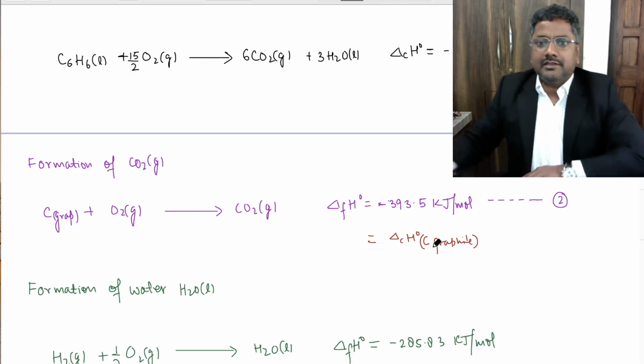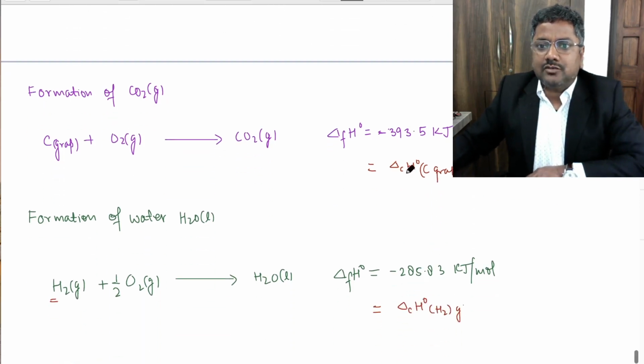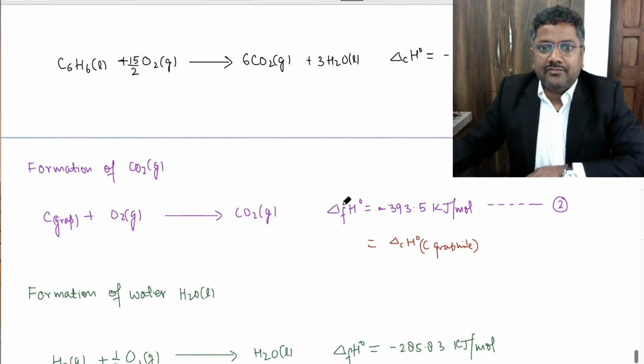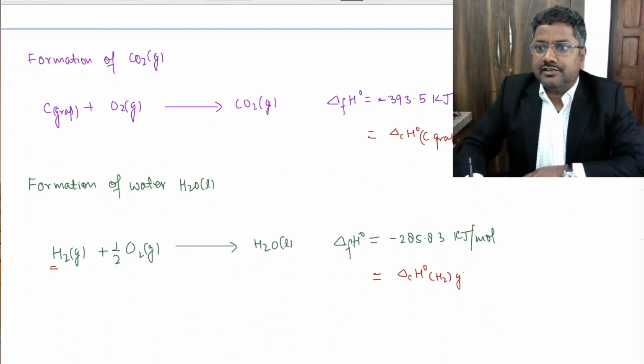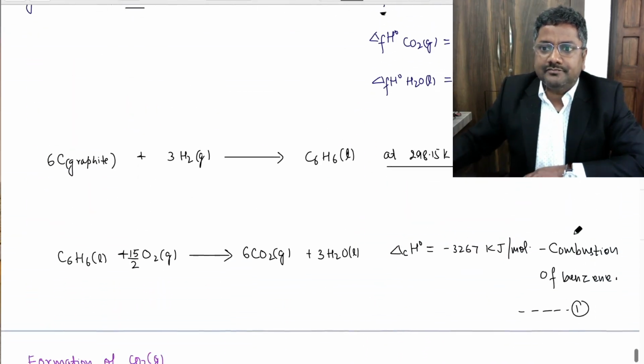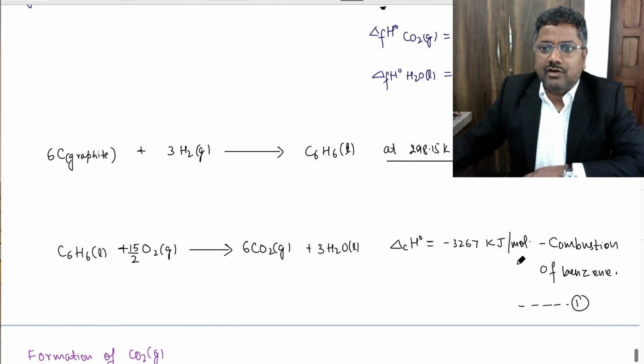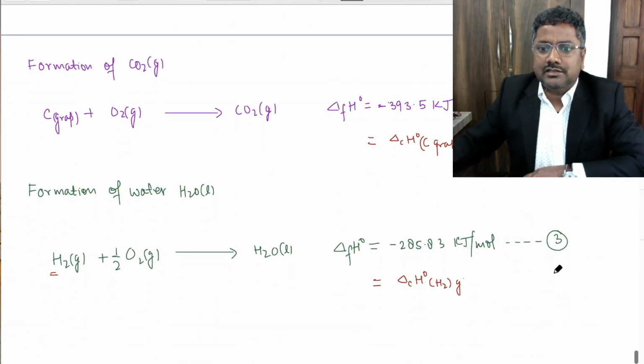If sometimes it is asked, what is the reaction for the combustion of carbon graphite? The same reaction we will write and the same enthalpy change will apply. Clear to everybody? Now see, this is equation 3. Now you have 3 equations: this is equation 1, this is equation 2, and this is equation 3.